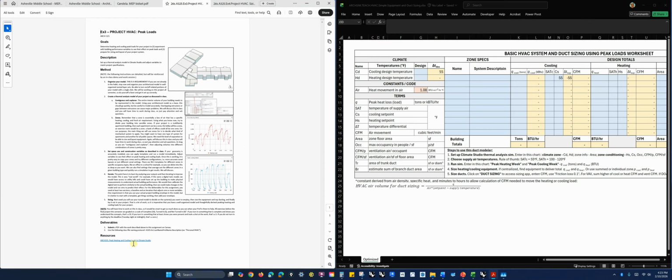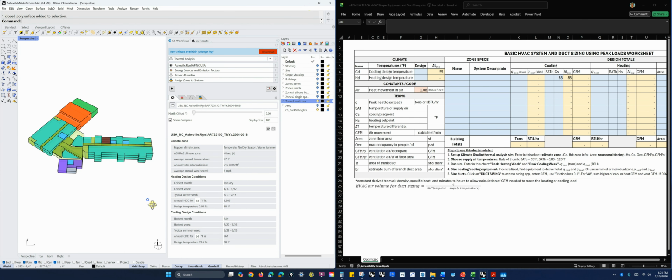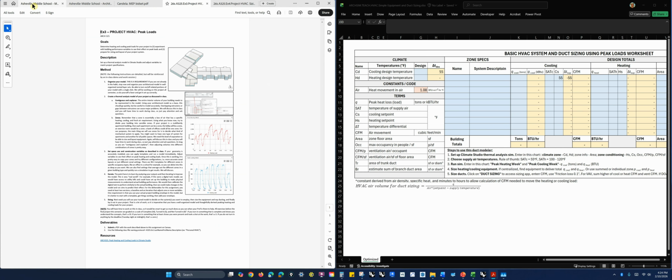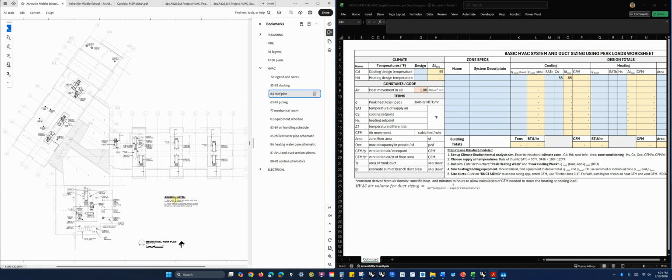And then there's a pretty long video related to that in which I talk about different versions of this model. This model is of the Asheville Middle School, which was the case study we did last week.